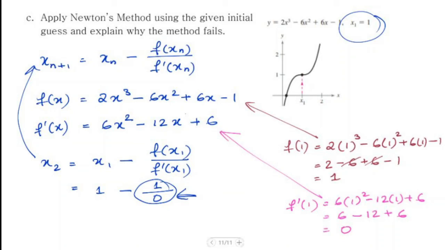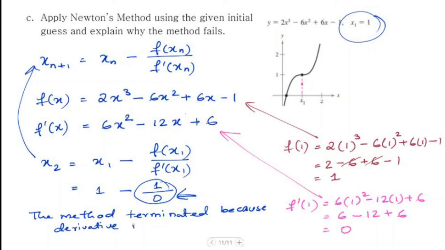So we stop here and we can just say that the method terminated because the derivative of the function is 0.